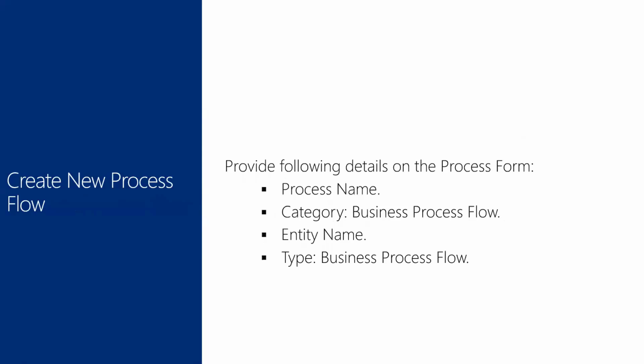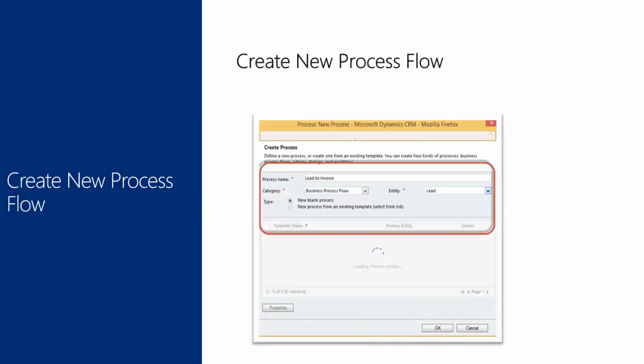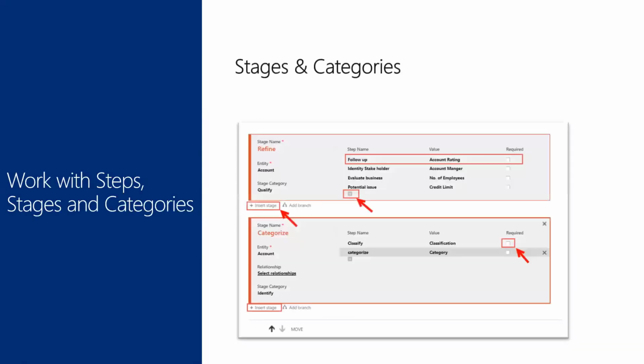When you're trying to create a new BPF, it will ask for four basic details, just like the workflow. It involves the process name, the category, the entity name, and the type, which you have to set as business process flow. These are the set of fields that you set up, like process name, category, entity, etc. And then you create the stages.